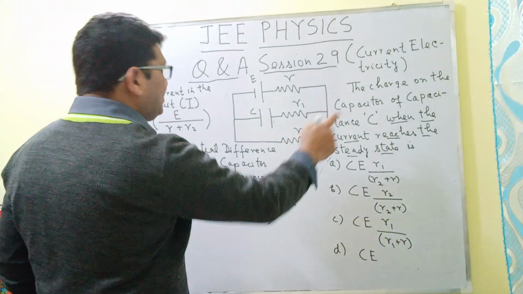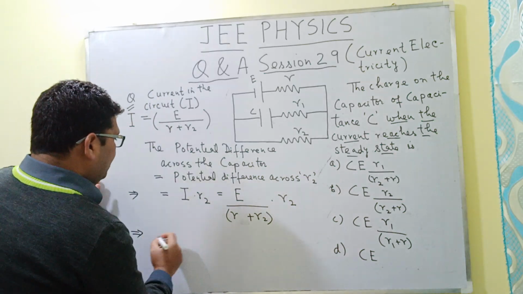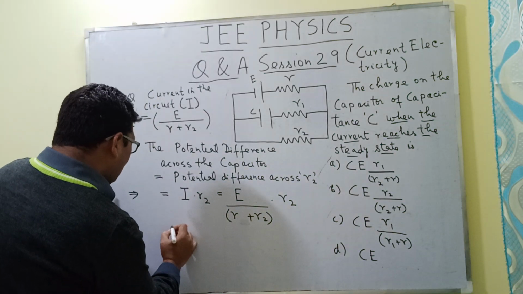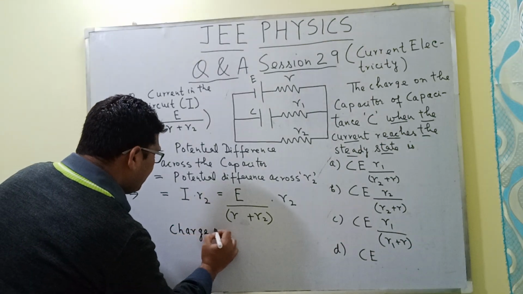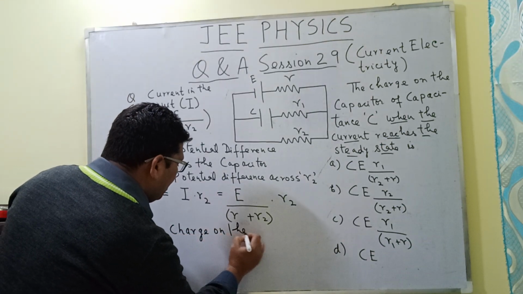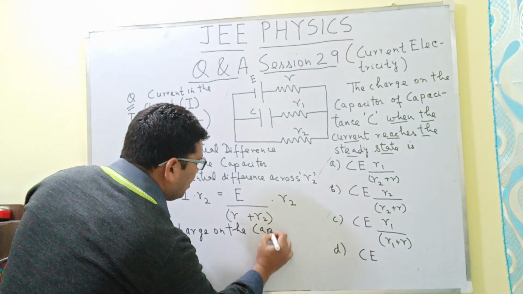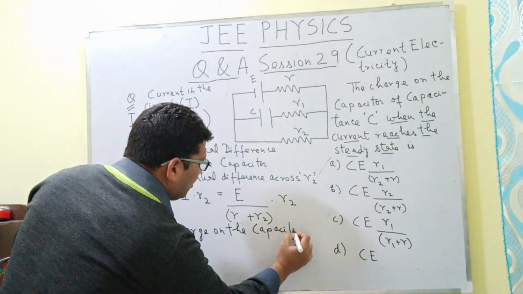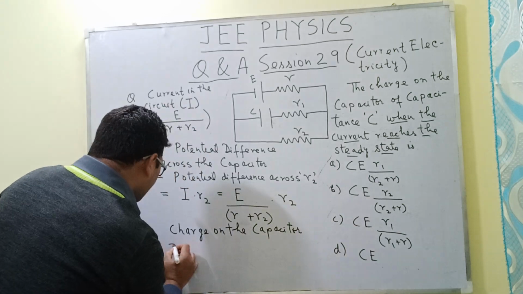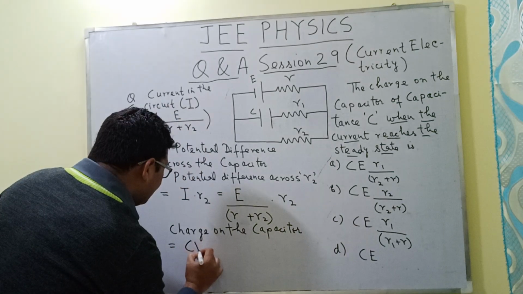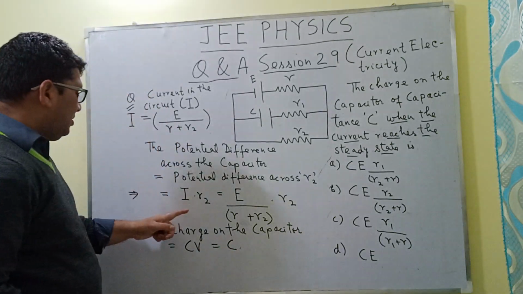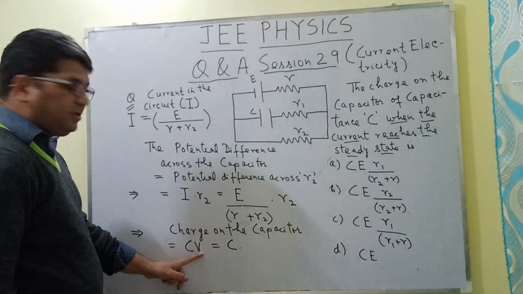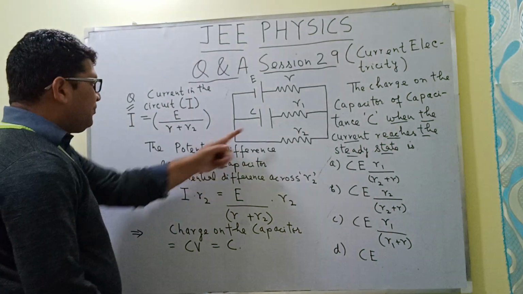we have to calculate the charge. So the charge on the capacitor is given by C into V. Now V is the potential difference across this capacitor.